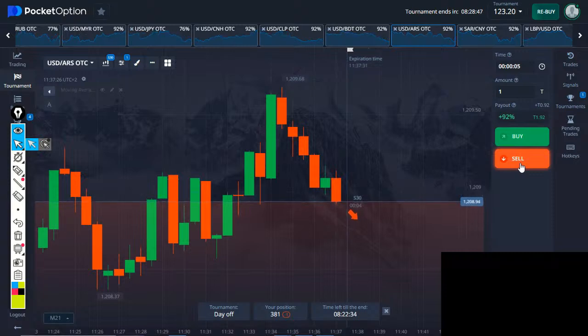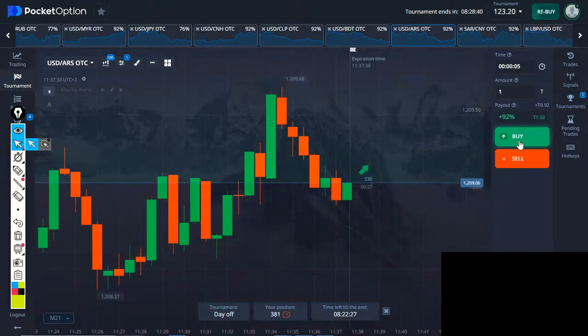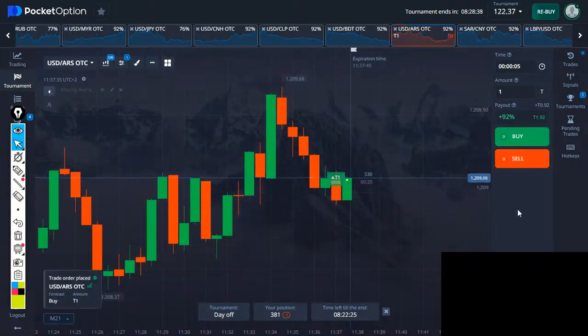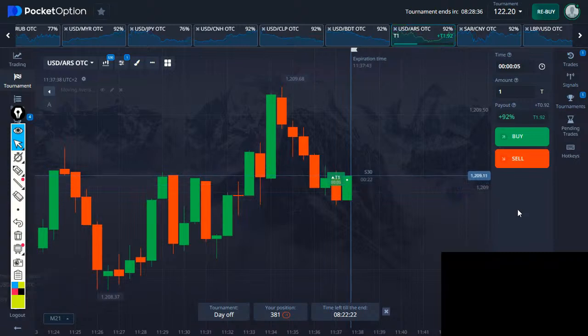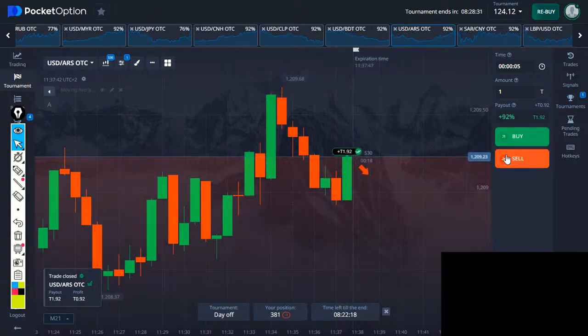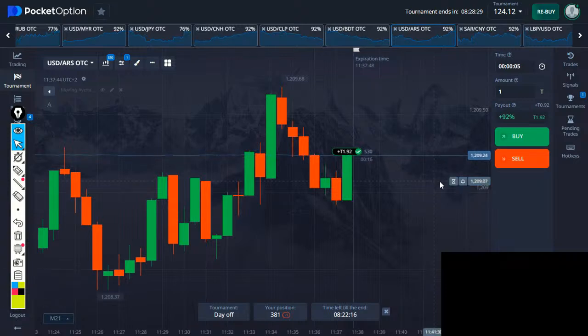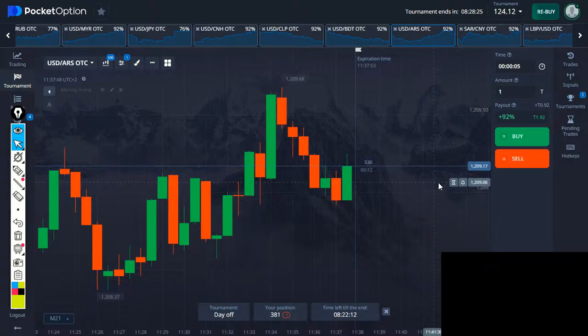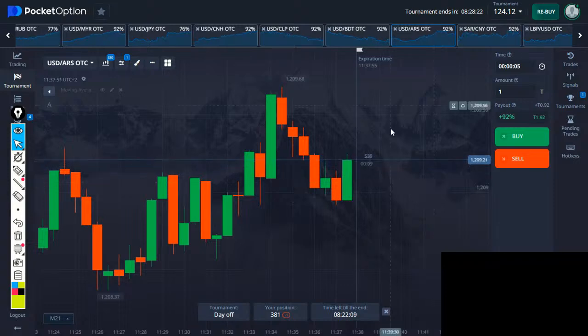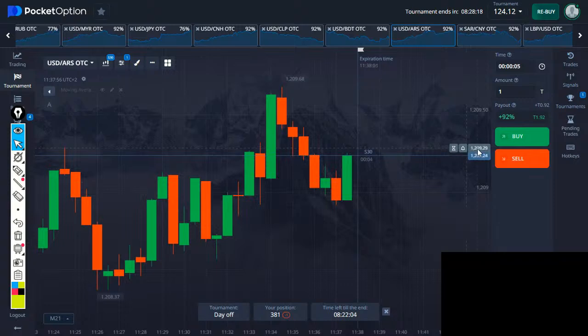Okay, so here we go. Green, strong green, 27, 26. We go for a buy. We have a win. Let's wait for the next bar. $4 into our target already. 5 seconds left on this one.